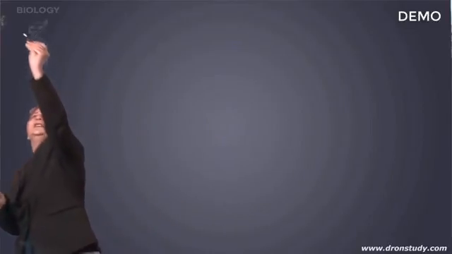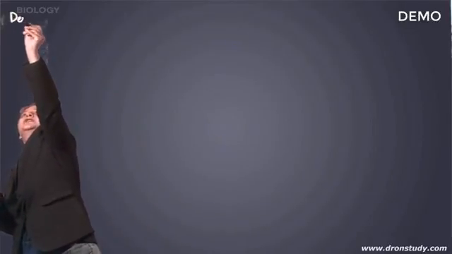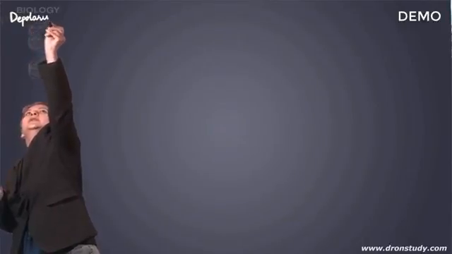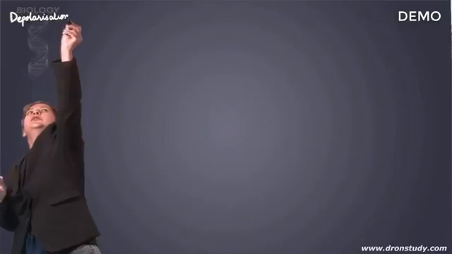Let's now look at the action potential. For the action potential to actually happen, there are two things happening: one is depolarization and the other is repolarization. Before that, when we discussed resting membrane potential, that was the polarized state.